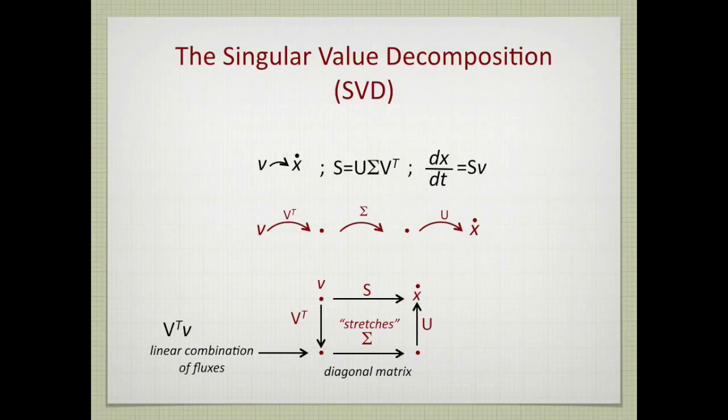It acts only on one at a time because it's diagonal, so it's a decoupled operation. From that, you get linear combinations of the concentration derivatives, and then U reassembles those into the individual concentration time derivatives. So this is a way to decompose S into these three separate operations.